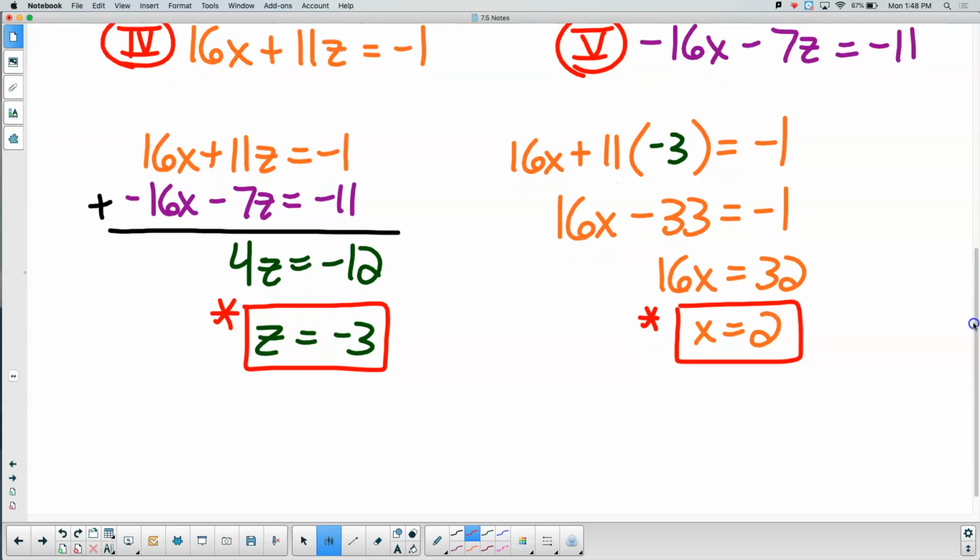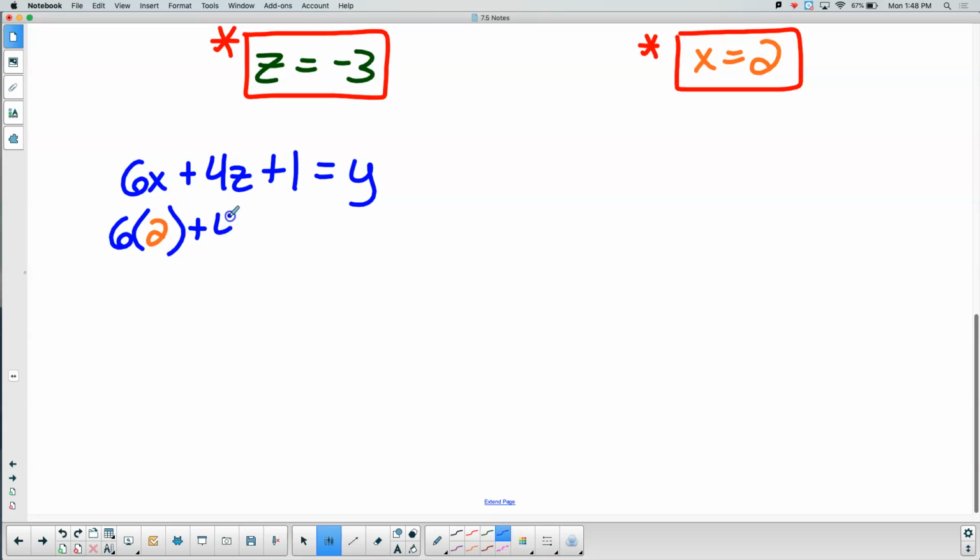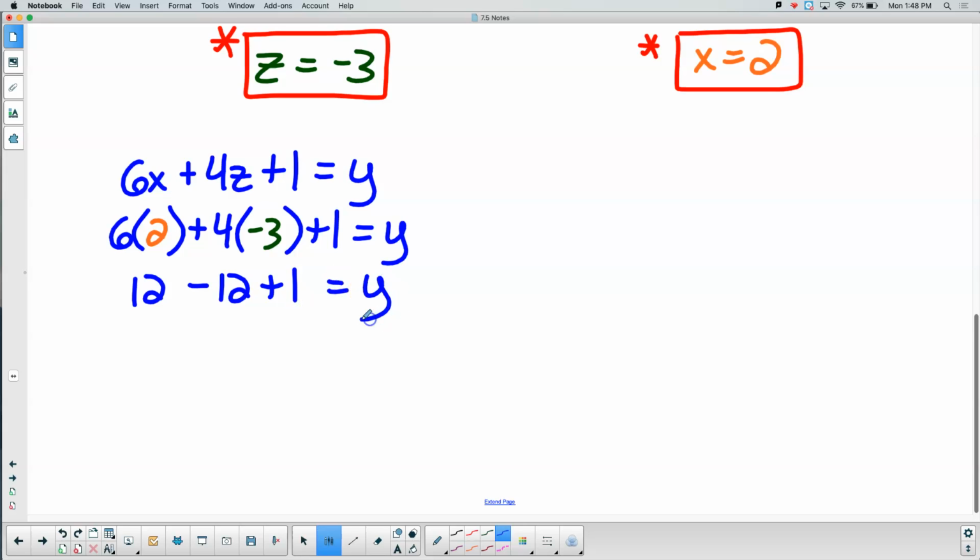If I go all the way back to my originals, 6x plus 4z plus 1 is y. So 6 times x is 2 plus 4 times z is negative 3. So that's 12 minus 12 plus 1. y is 1.